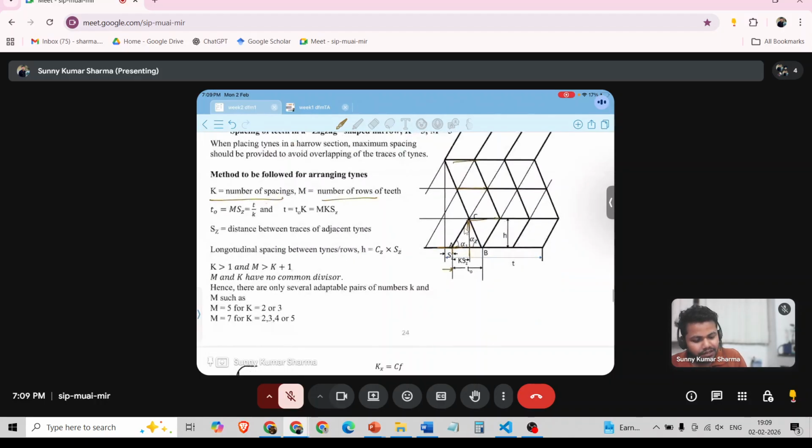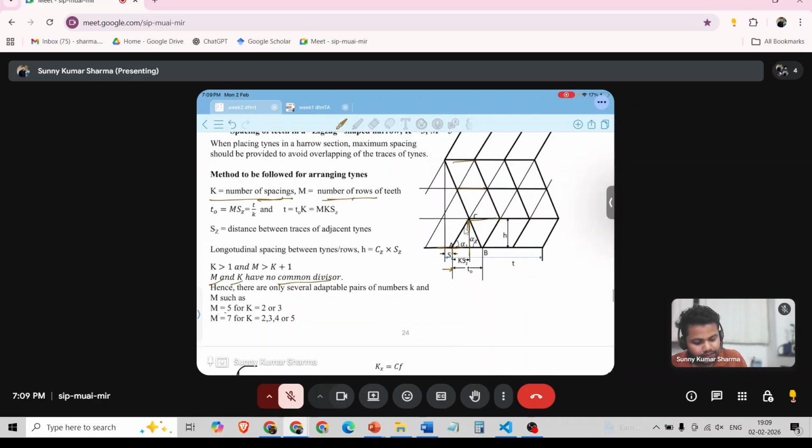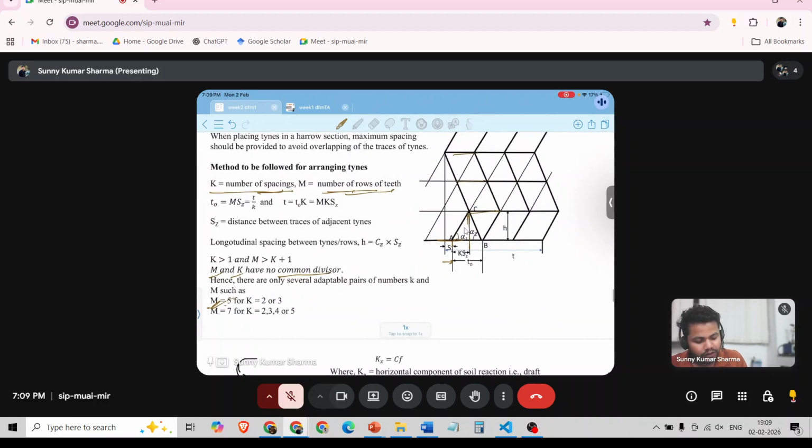So m and k should not have a common divisor. Suppose if we have 5 rows of teeth, then k value should be 2 or 3. There is no common divisor. If we are taking 7 rows, then k value should be less than 7, with no common divisor: 2, 3, 4, or 5.